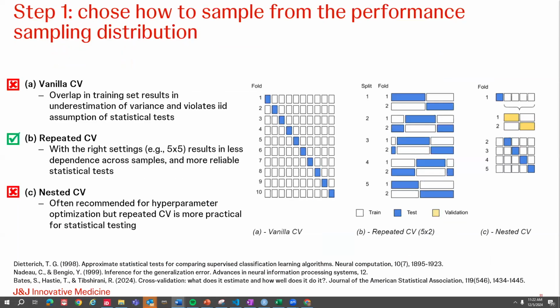Okay. So the first step in the guidelines is to determine how to sample from a performance sampling distribution. Here are a couple of options and our recommendation on what to use. We recommend against a single split for assessment. Often people are trying many modeling attempts, such as different methods or architectures.